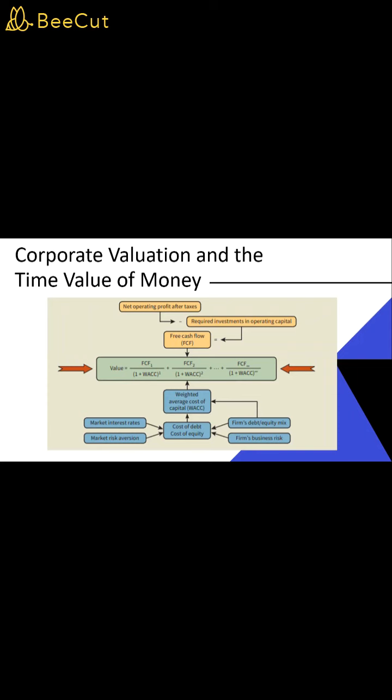The discount rate at which we will be discounting the free cash flows is known as WACC, or weighted average cost of capital. And we will also learn a lot about how it can be calculated.